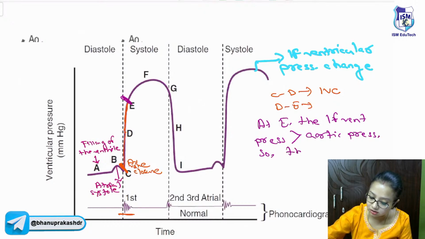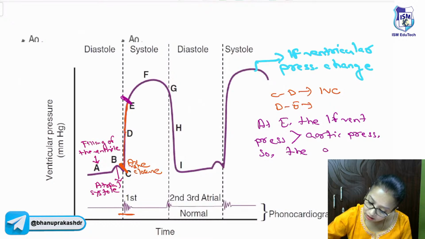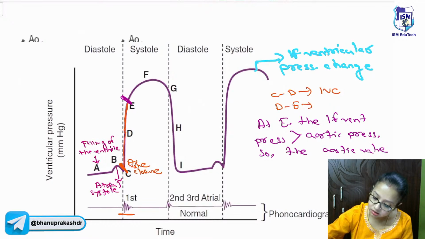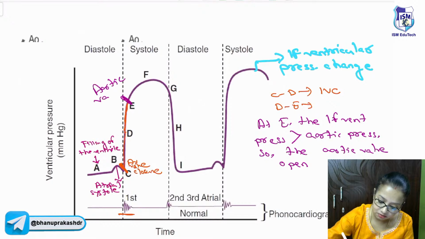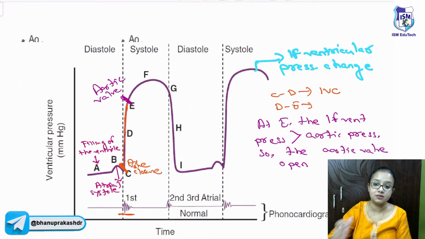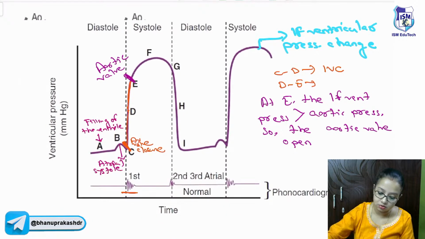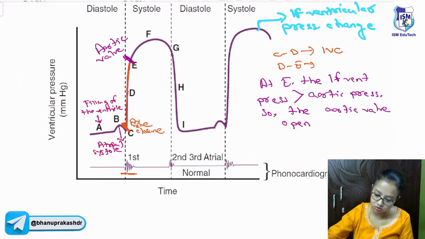So the aortic valve opens. E is the point where the aortic valve opens. On the left side, it is the aortic valve that opens, and on the right side, the pulmonary valve opens. The opening of a valve, as we studied, causes no sound. So here you see, correspondingly, there is no sound.